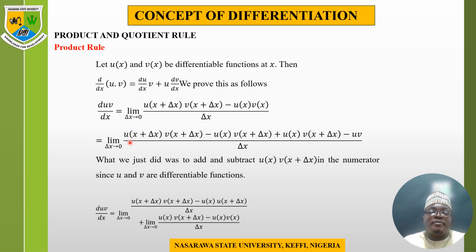Then we have x plus 0, which is x, and then we have u of x here. After taking it, we have v of x plus the increment of x here. The same approach here, if you put 0, we are going to have v of x here. This is u of x. This is v of x.